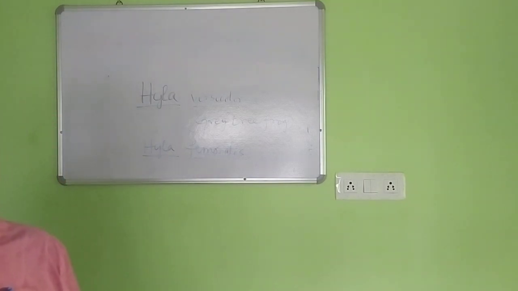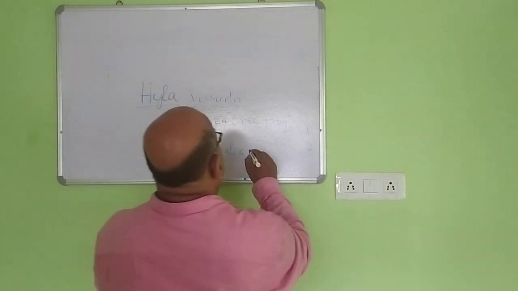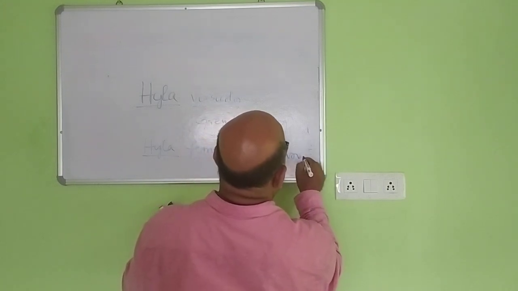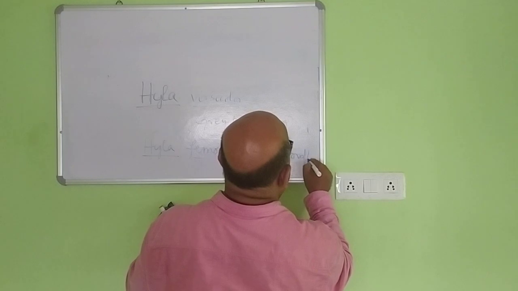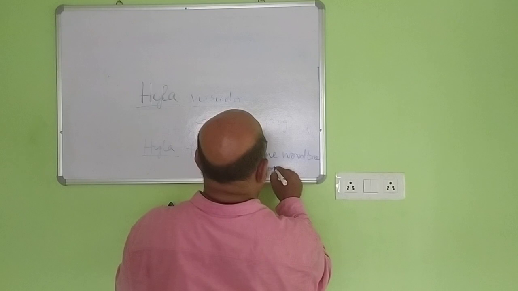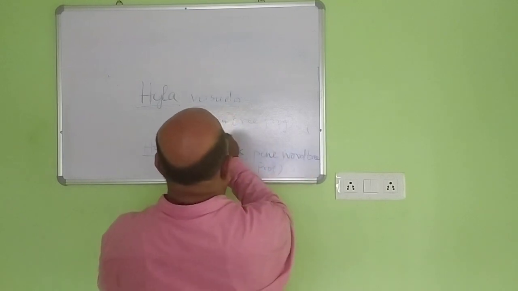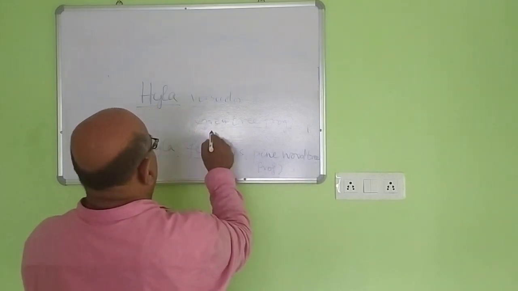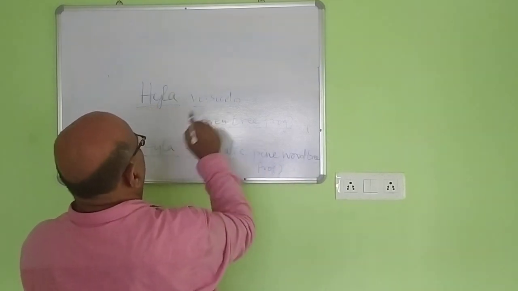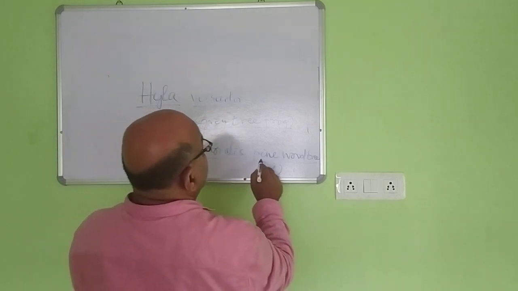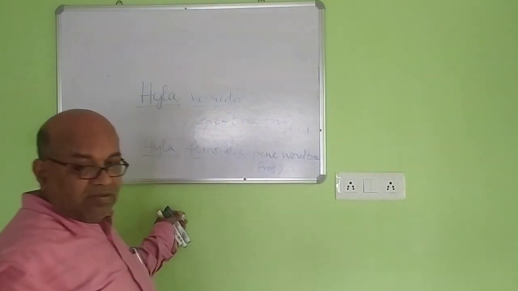That is called the pine wood tree frog. Mark this: the grey tree frog is otherwise called Hyla versicolor, but Hyla femoralis is called the pine wood tree frog.